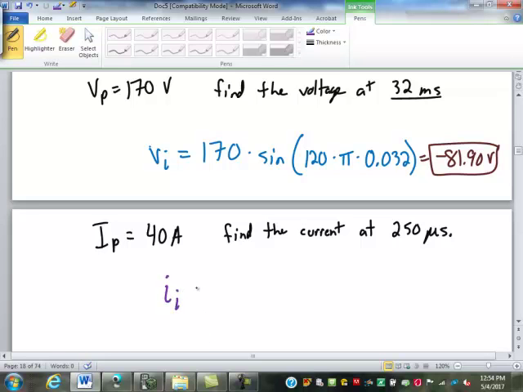So our instantaneous current is equal to our peak current of 40 times the sine of 120 times pi times what? 0.00025, right?